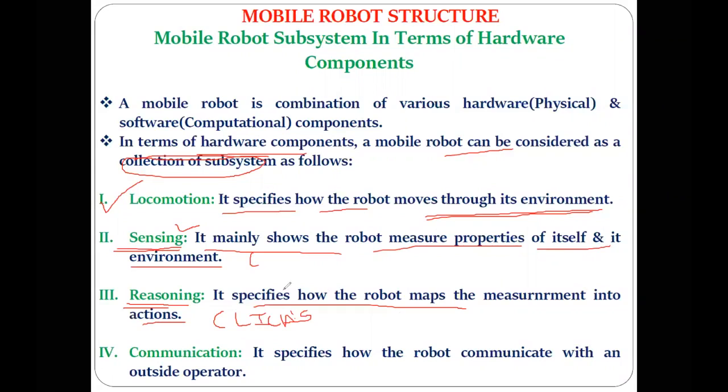So the reasoning subsystem of the robot specifies how the robot maps the measurement into the action. Mapping the measurement into the action means what?